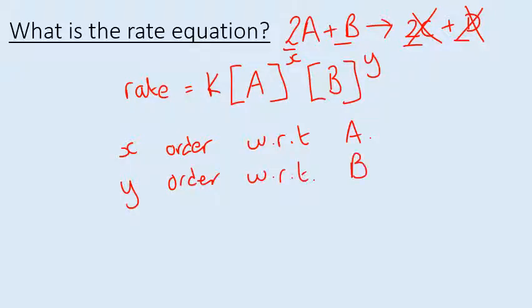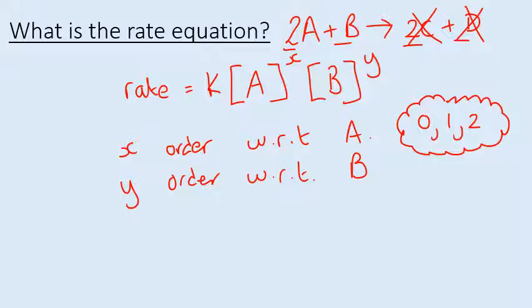Now the order is limited to either 0, 1 or 2, so zero, first, second. So X and Y have to be 0, 1 or 2. Now what does that even mean? Well, if it's 0 order, we've got the concentration to the power of 0. That just means in maths, anything to the power of 0 is 1.